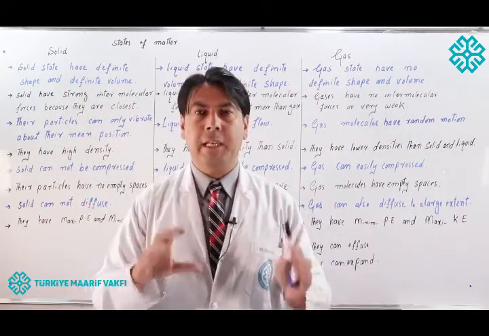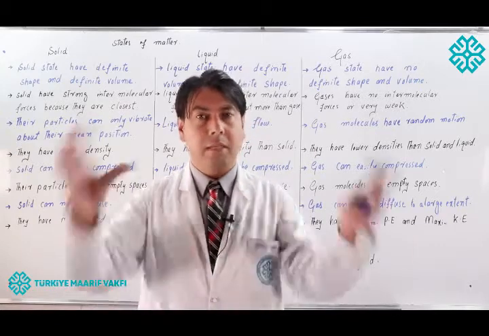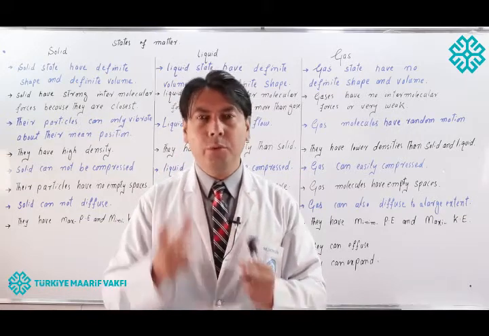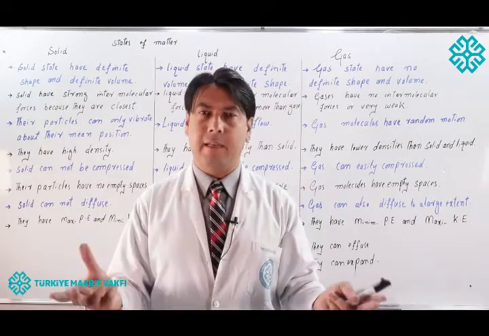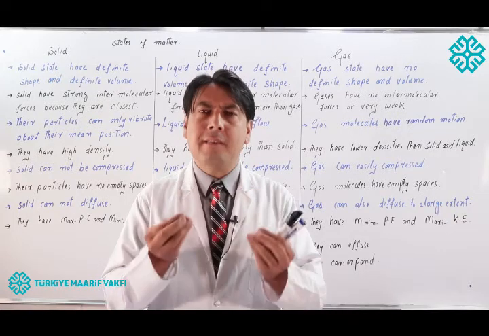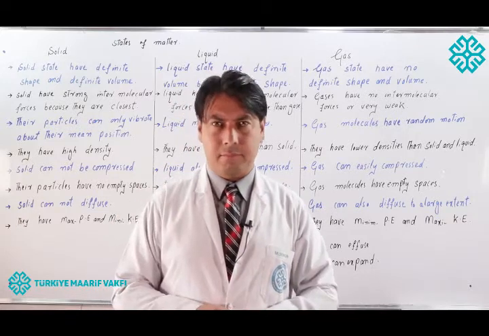If we take 1 kg gas in a room, it will occupy the whole room. And if we take 1 kg gas in a 2 kg cylinder, it can occupy the 2 kg cylinder. So the gas can occupy the volume which is provided to it.